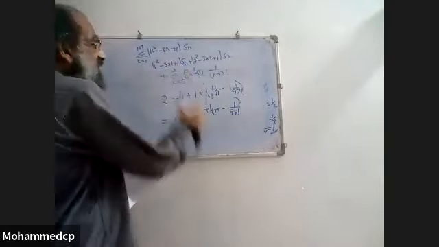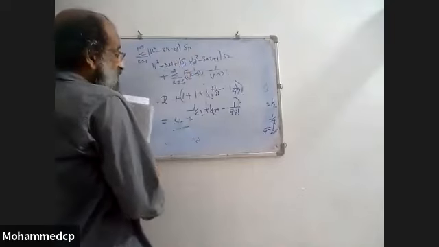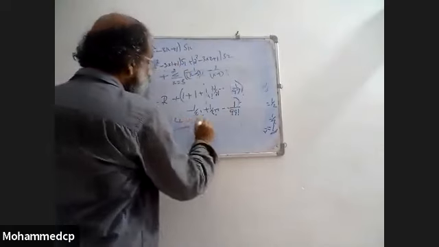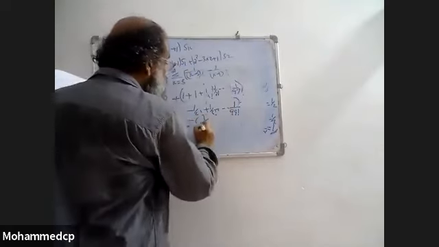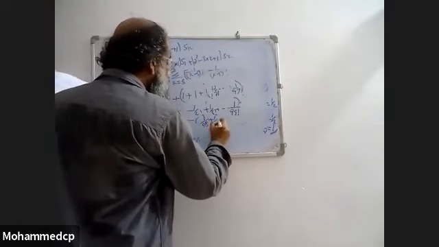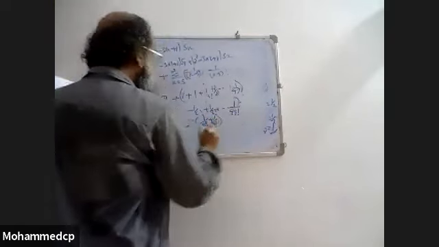The remaining terms are subtracting: minus of 1 by 98 factorial plus 1 by 99 factorial.